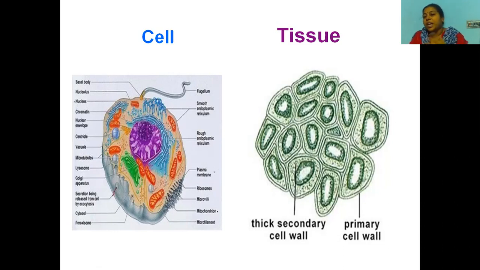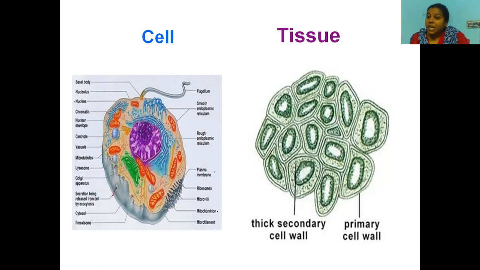In this way, we have n number of systems in our body. See children, every cell in our body has to perform some function. For example, if it is a cell present in the kidney, we can say nephron. What is the main task of the nephron? Filtration of the urine or formation of the urine.